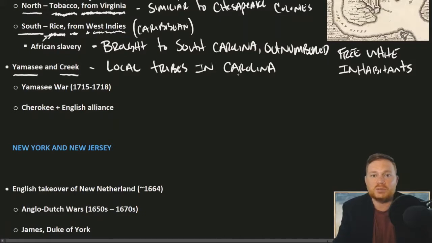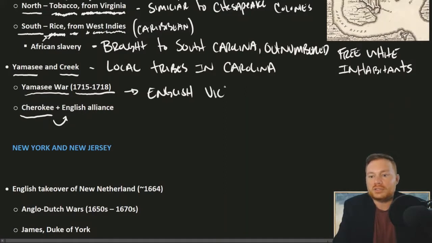Tensions between the Yamasee and the English settlers, especially over land, resulted in the Yamasee War, 1715 to 1718. We see here in this conflict how native tribal rivalries factor in. It was only when another tribe, the Cherokee, allied themselves with the English that allowed for English victory.